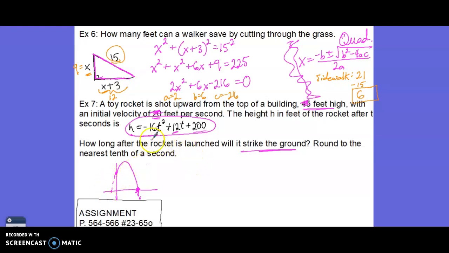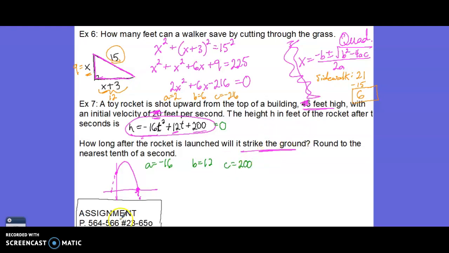As I go through my options, by the way, this is still true that h equals 0, because that's the height of the ground. As I work through this, my a value will be negative 16, my b value will be 12, and my c value would be 200.